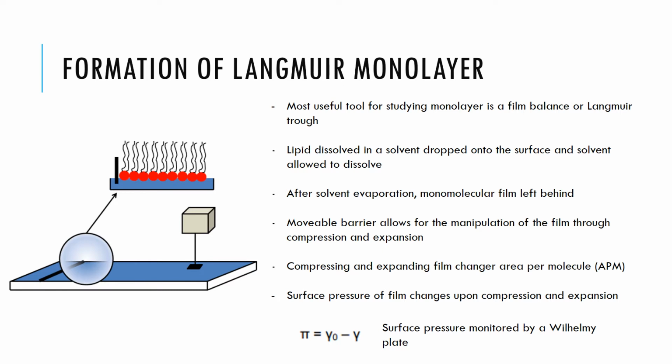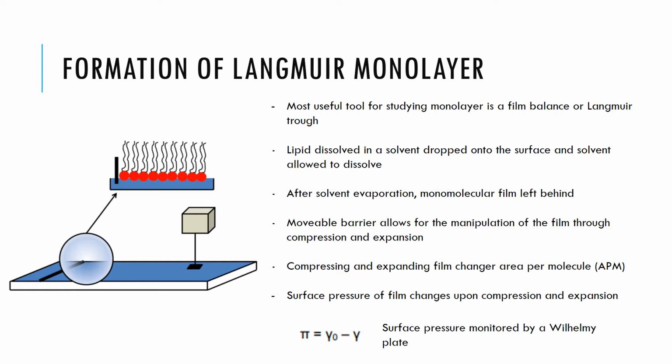And what happens is there are changes in a property that we call the surface pressure. And as you compress them, the surface pressure starts to increase. And we'll talk about how that increases and why that increases in a while. But the surface pressure then is monitored by something called a Wilhelmy plate, and you calculate the surface pressure.